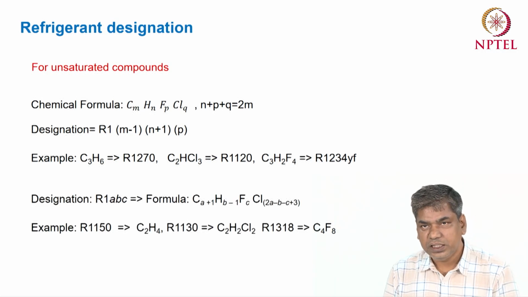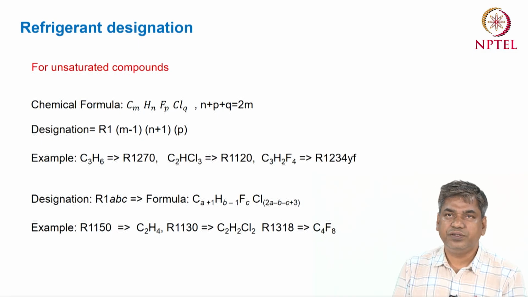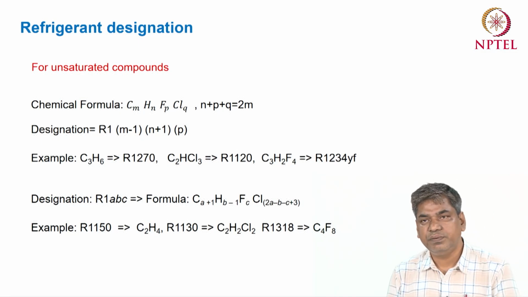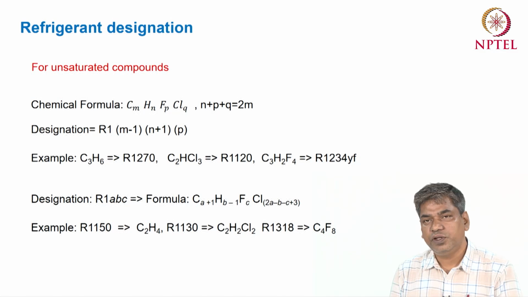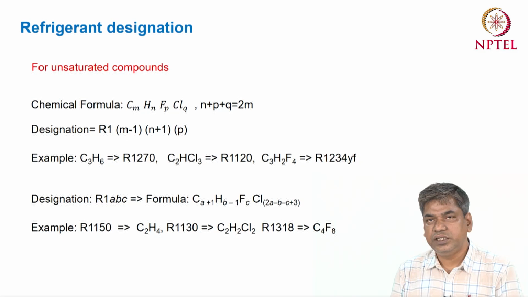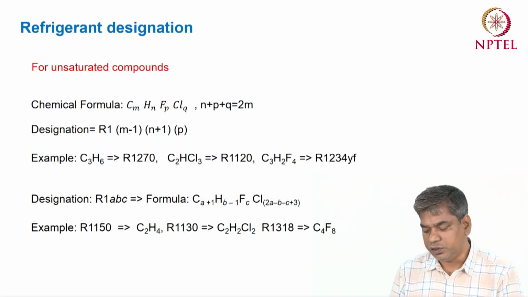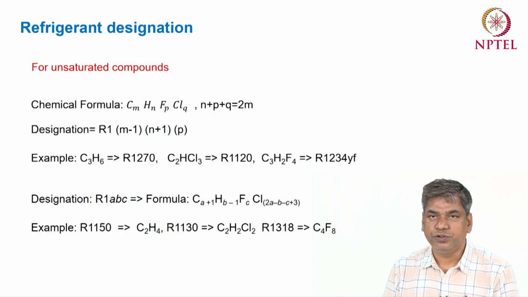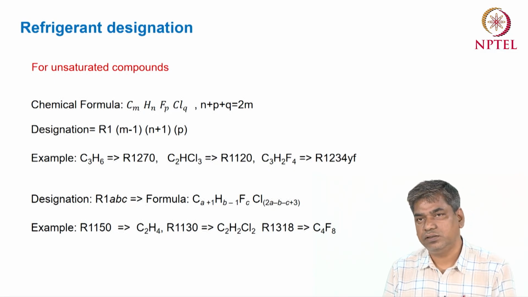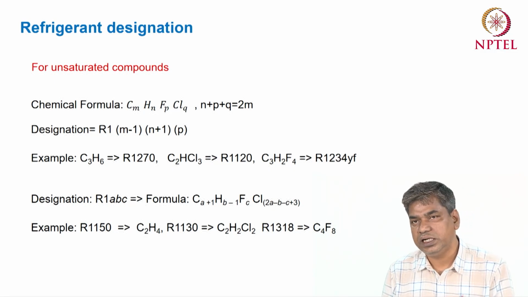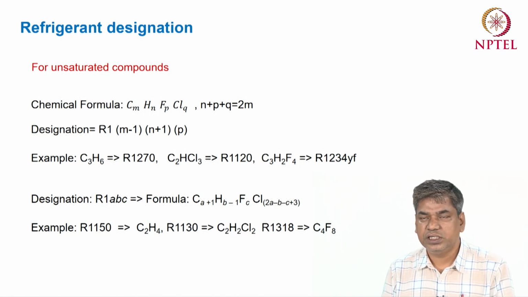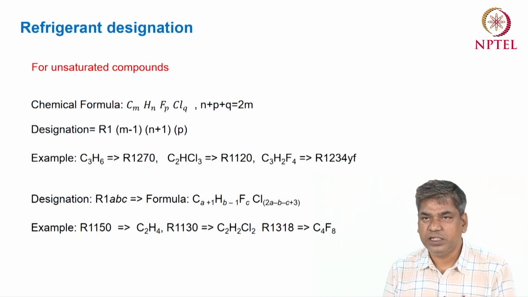Similarly, if the designation is given for the unsaturated refrigerant, then we can find out the formula. For the unsaturated refrigerant, we have told that the designation consists of 4 digits. So after R, 1 is there, then A, B, C. For this case, the formula will be C(A plus 1), H(B minus 1), F(C), and Cl, that is 2A minus B minus C plus 3.